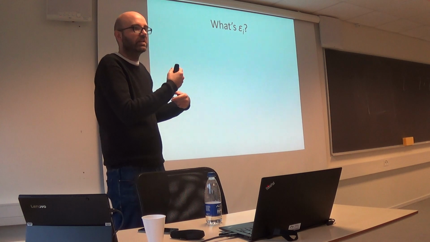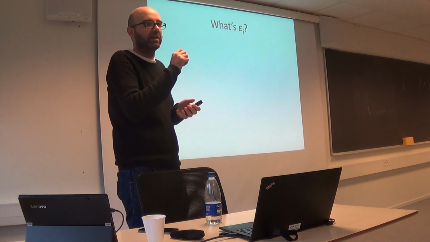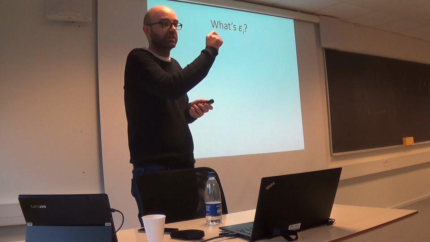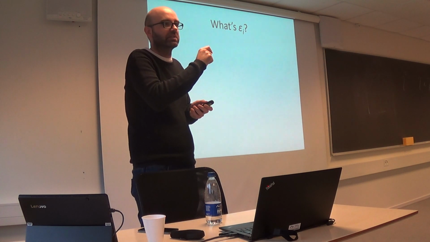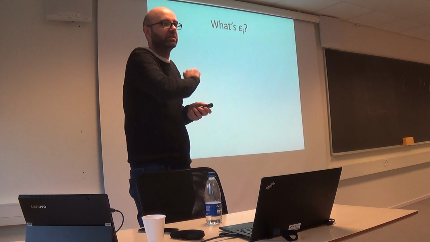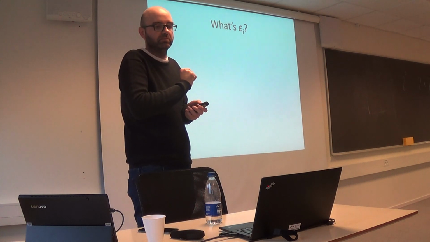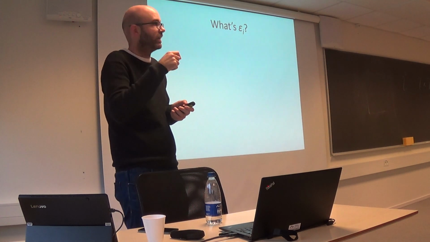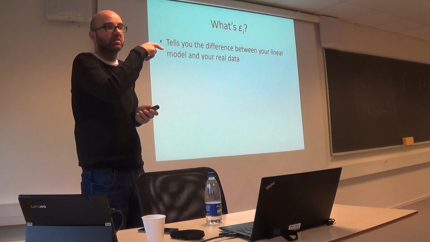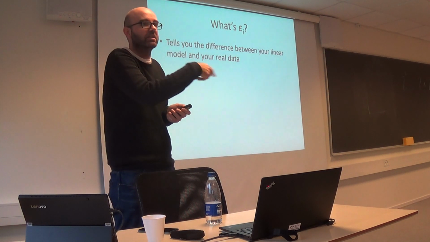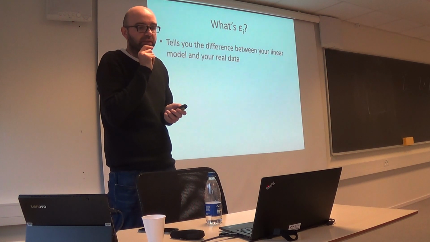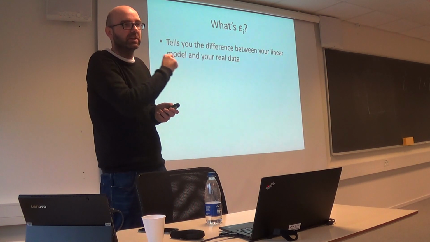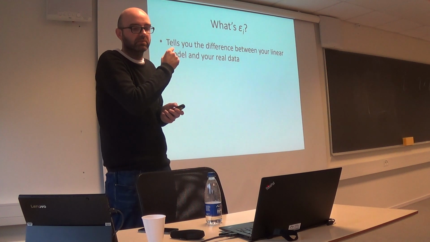So instead of standard deviation, which tells you the average distance from each data point to the mean, now we want to know the average distance of each data point to our line, which is our theory, which is our model. So what E tells us, or E of 1, so E for score number 1, this epsilon, to be more accurate, this error term, tells you the difference between your linear model and your real data.